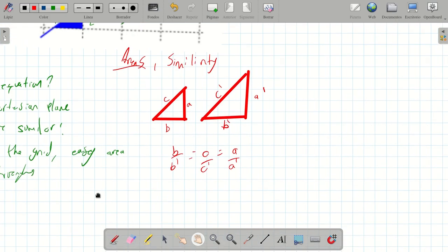Now also remember that the area of one triangle is A prime times B prime divided by 2.